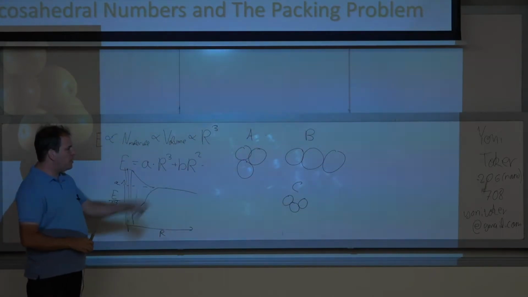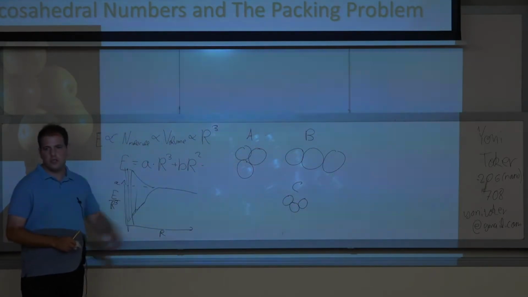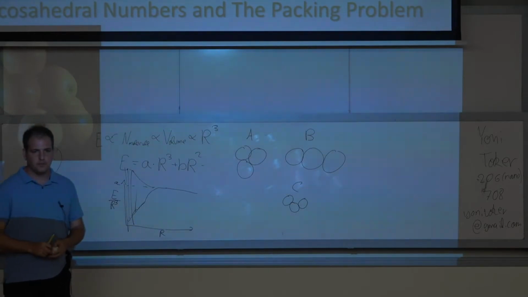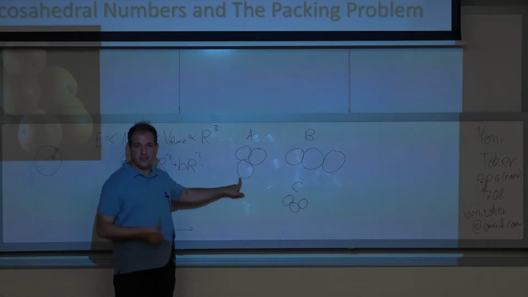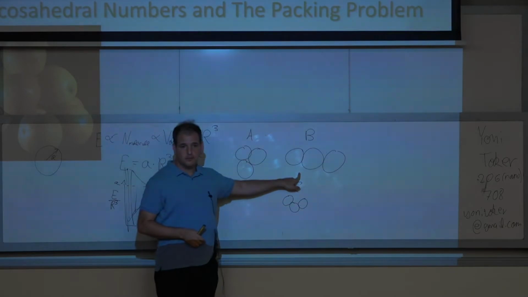Can anyone guess which of these shapes we will find? The bottom one is water. But I think we have all of them. In principle we can have all of them, but which is the most stable? The one with the highest surface tension? Okay, let's have a guess. Who says A? Raise your hand. Who says B?